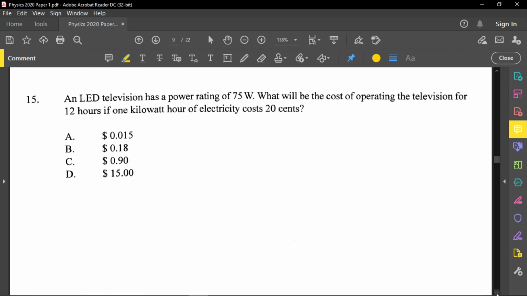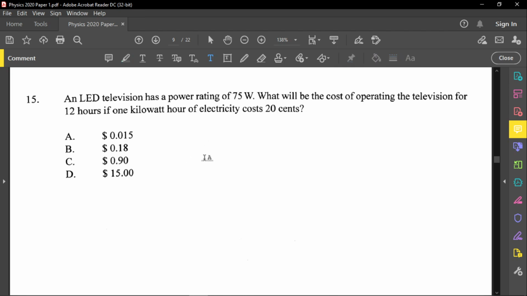For question number 15, it says an LED television has a power rating of 75 watts. What will be the cost of operating the television for 12 hours if 1 kilowatt hour of electricity is 20 cents? Now, if it's 20 cents, let's first work out our kilowatt hours, okay?